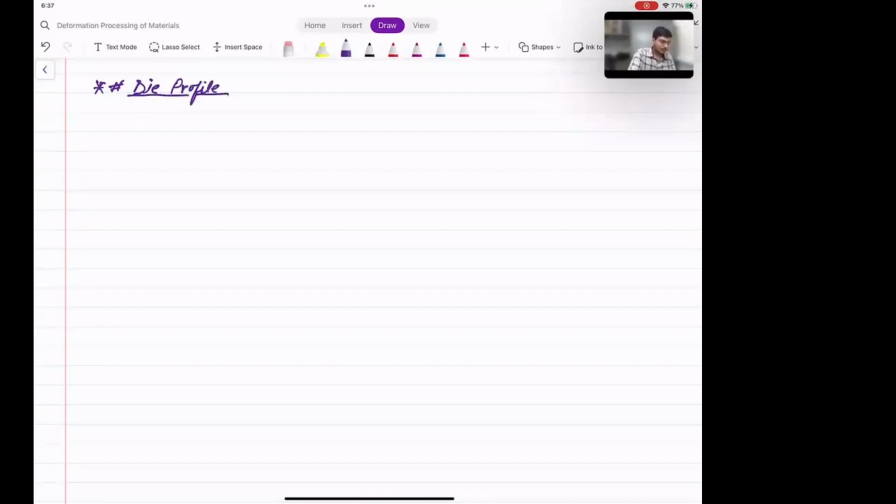Let us see it with the help of schematics. So this will be something like this. This should be a little curve. Okay.